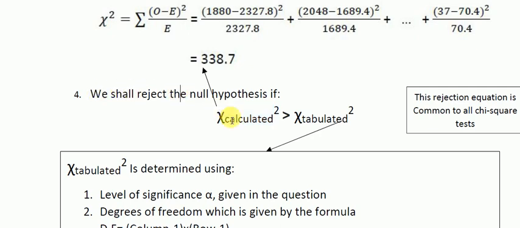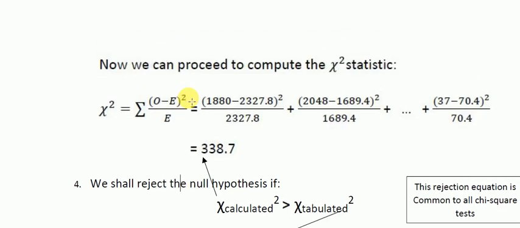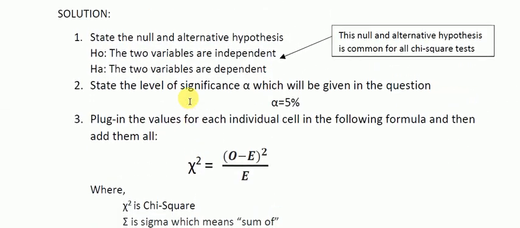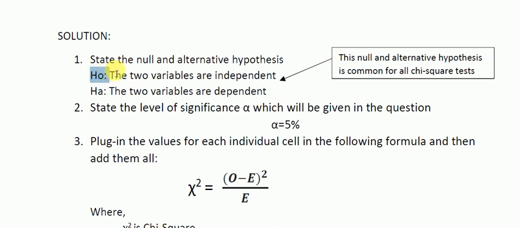So how do we do that? If the value of chi-square calculated is greater than chi-square tabulated, it means that we are supposed to reject the null hypothesis. What do we mean when we say the null hypothesis is rejected? Let's see what the null hypothesis originally was. For all the chi-square tests, the null hypothesis is that the two variables are independent.